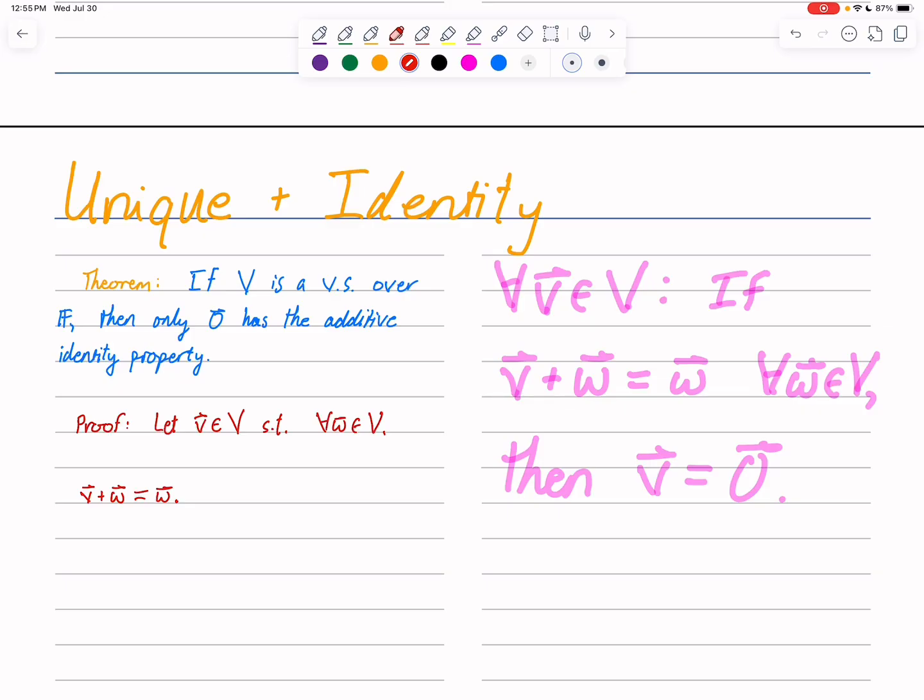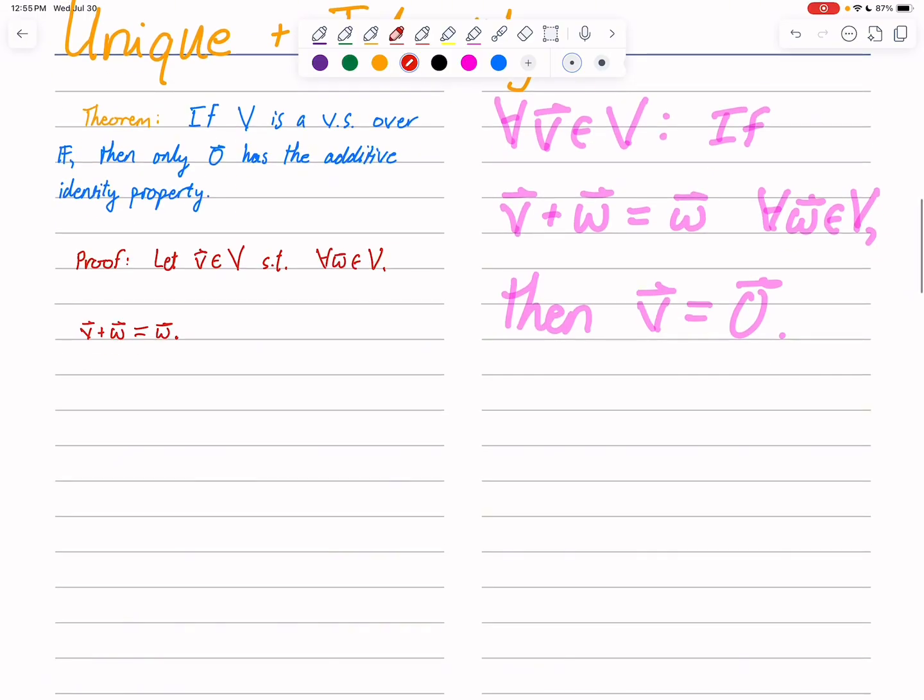So now that we have this vector v, we want to show that v equals 0. How are we going to do that? Well, let's use all the properties of objects that we have around, and I think it makes sense to get v and 0 together in the same equation. That's probably a good productive idea.